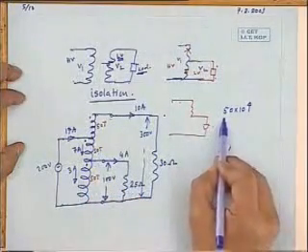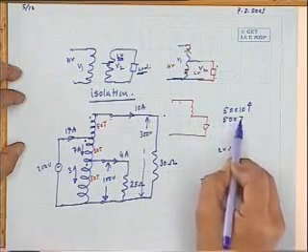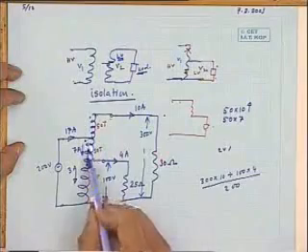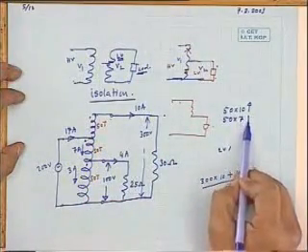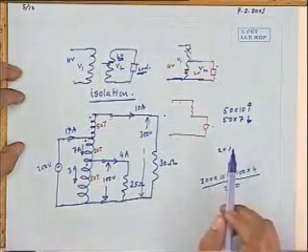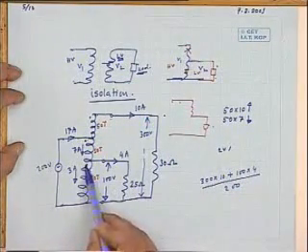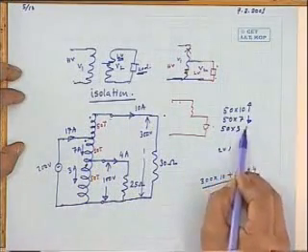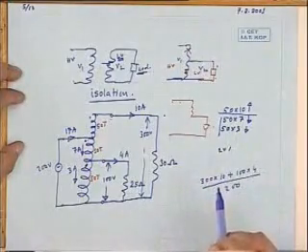Like that, the MMF in this portion will be 7 into 50, that is 50 into 7 Ni. And through the dot current enters, so the direction of the MMF will be downward. And this portion, 50 into 3 downwards.